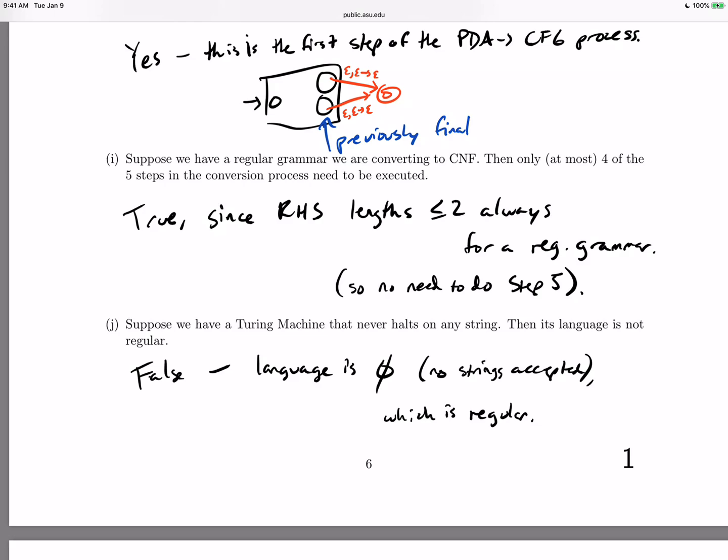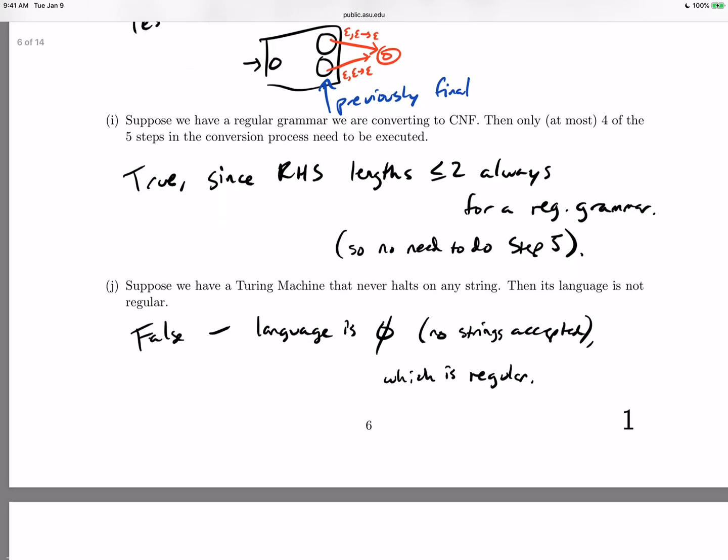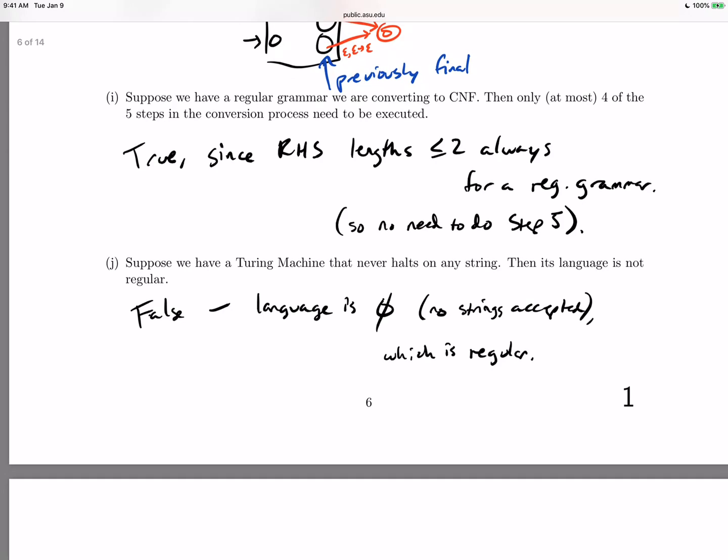If you revisit the definition, the right-hand side has at most 2 things on it. So you'll never have at least 3 variables on the right side, because you never make a right-hand side that's longer than the original rule. If we did, then we might have to do all 5 steps. But every right-hand side is going to either stay the same or get shorter. So we never have to do step 5 for a regular grammar.